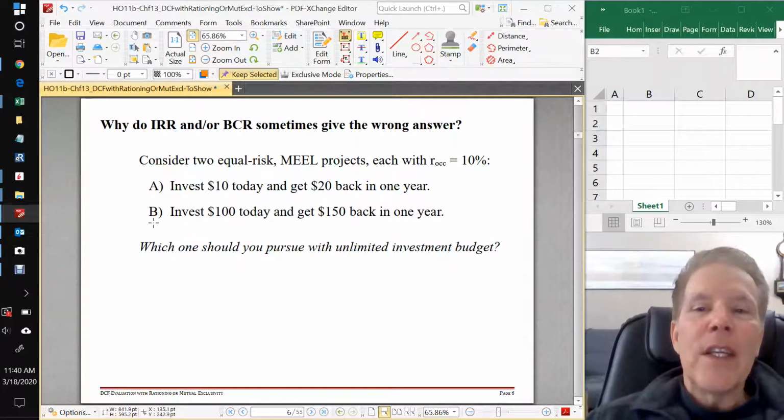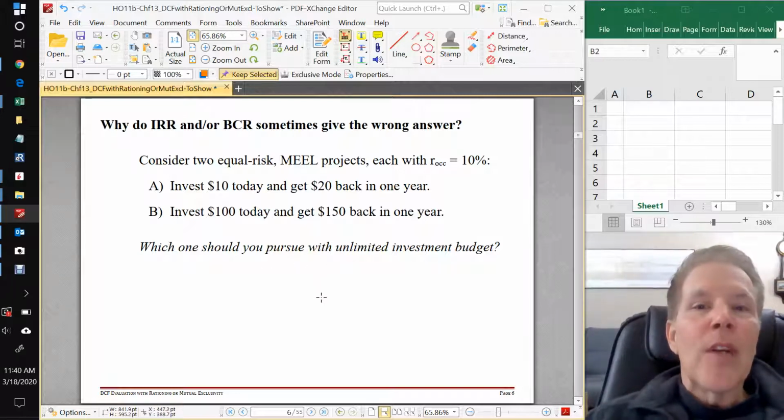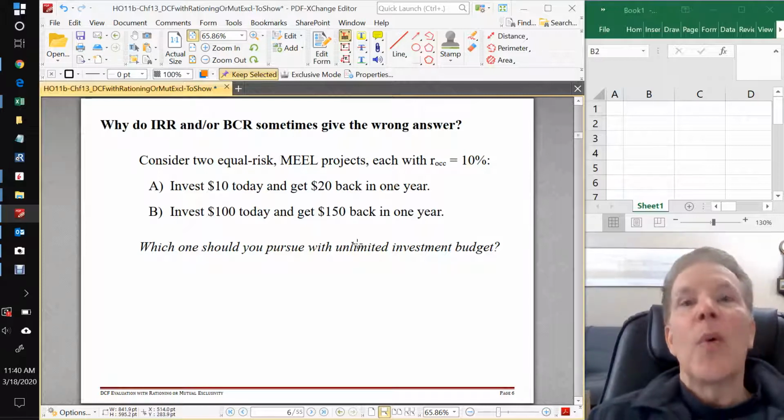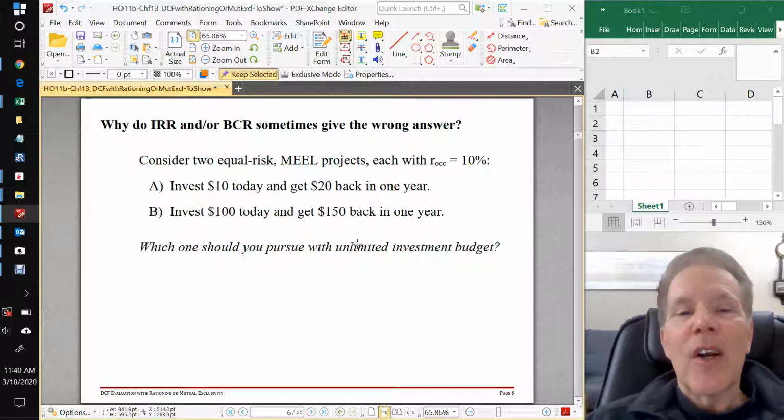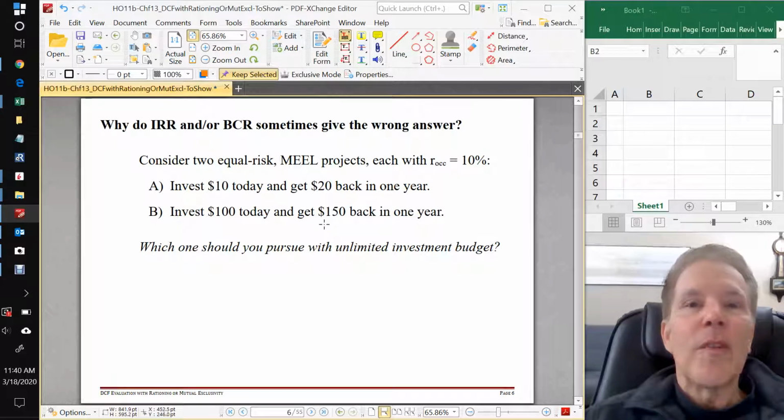And for B, we could invest $100 today and get $150 back in a year. So we want to know, if we have an unlimited budget, which one should we pursue? Remember, we have an unlimited budget, but we can only choose one of these two projects. We can do other projects with our unlimited budgets, but as far as these two are concerned, we've got to pick one or the other.